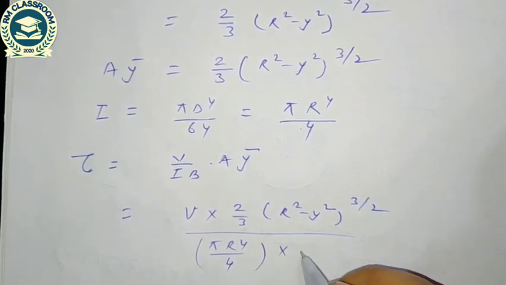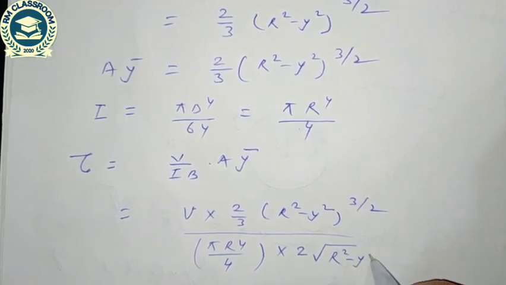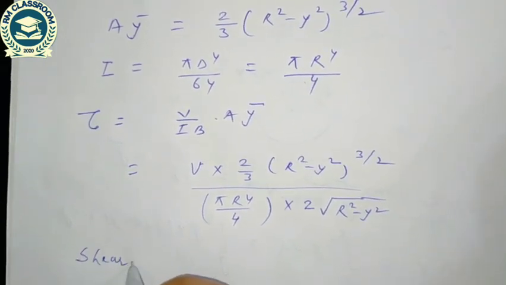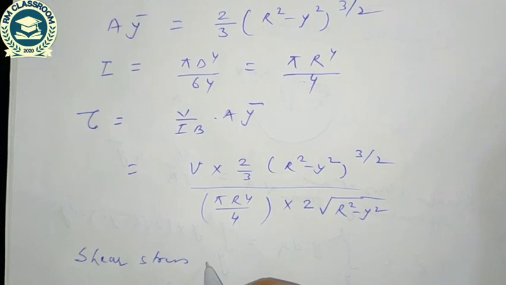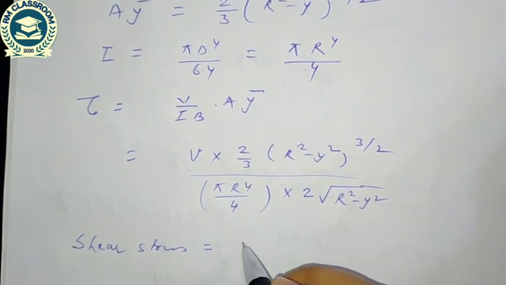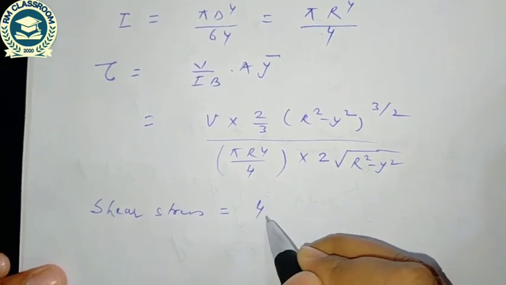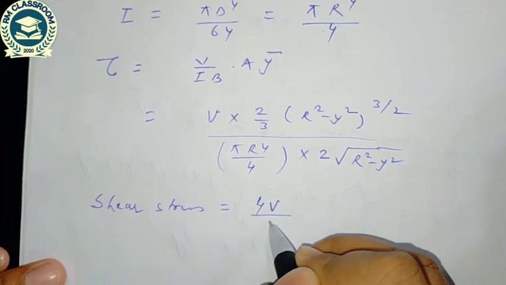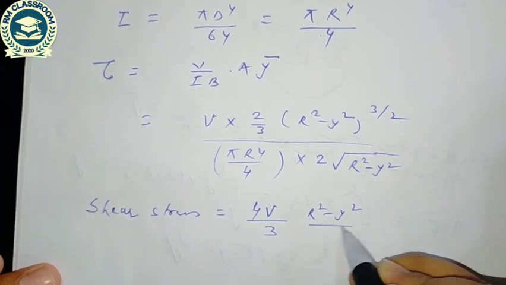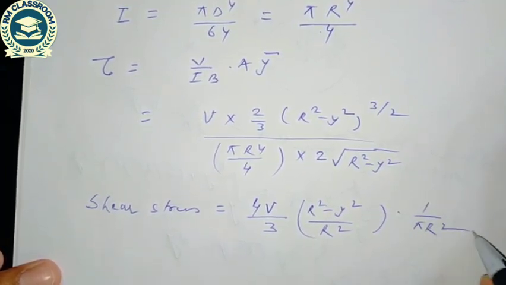and width can be written as 2 times square root of r square minus y square. So shear stress is 4V by 3 times (r square minus y square) divided by r square into 1 by pi r square.